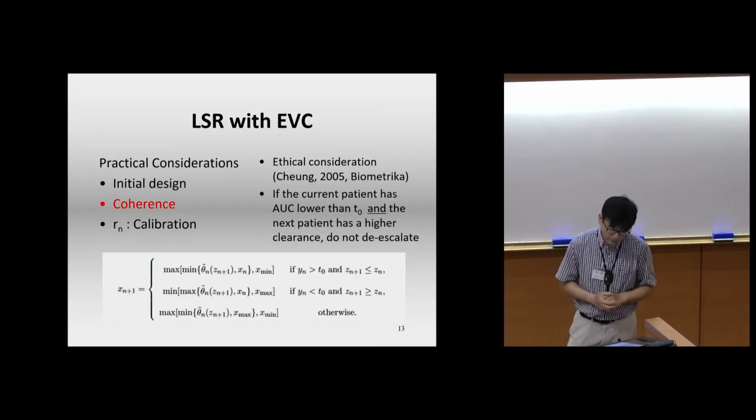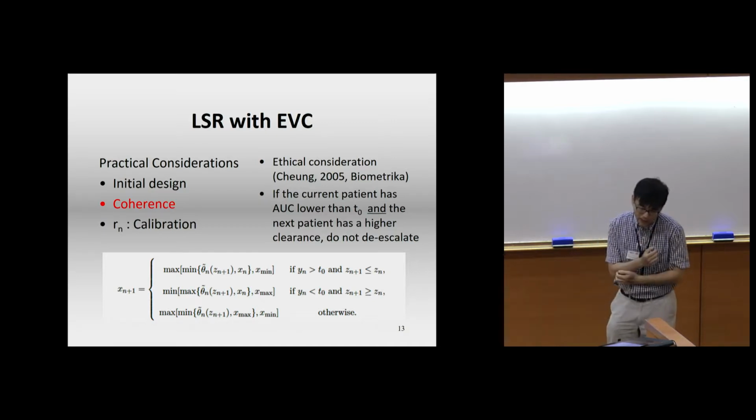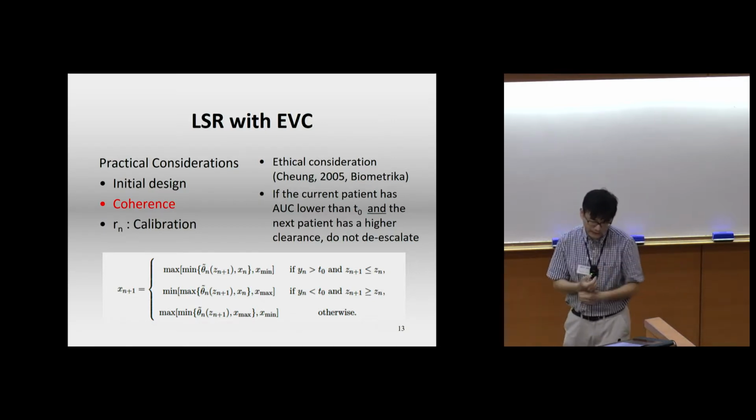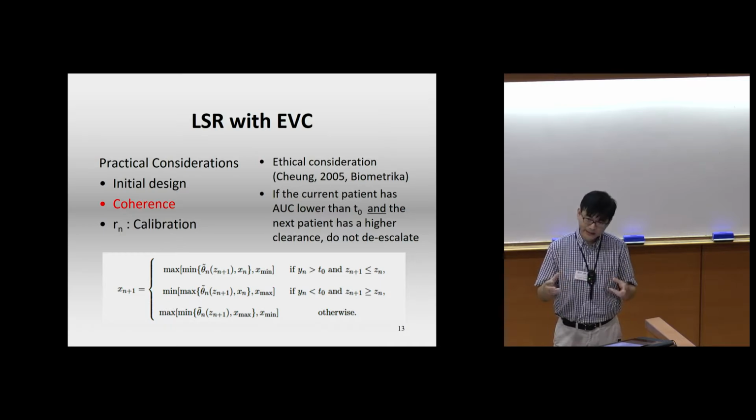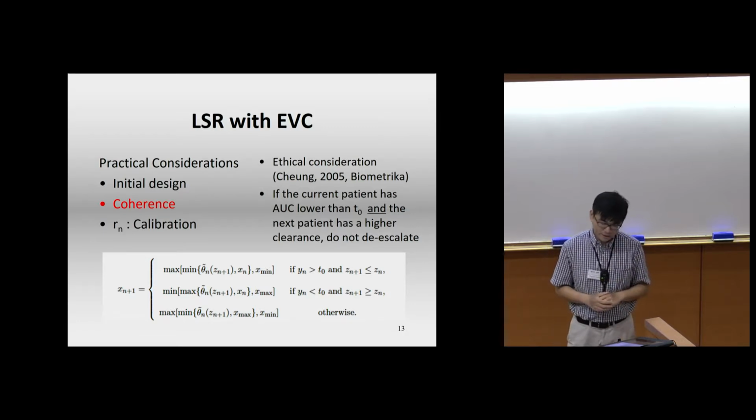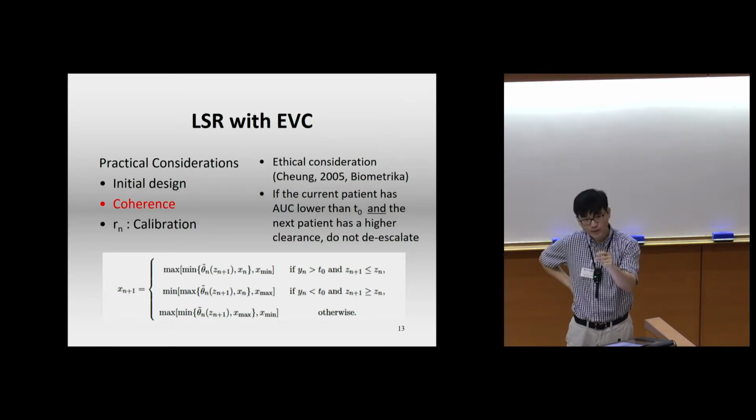The second component is called coherence. Guo briefly mentioned it. So the idea is that we're not treating mice or any animals. Coherence is an ethical constraint that makes sure that if the current subject has a toxic outcome and a lower clearance than the next subject, the next subject is not going to get a dose higher than the current subject, right?